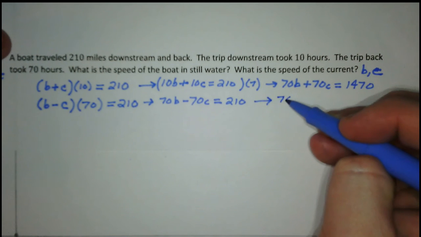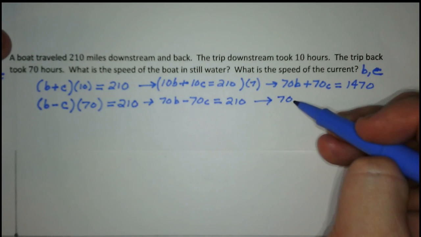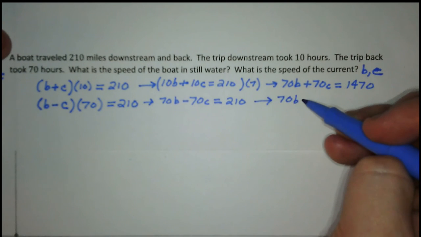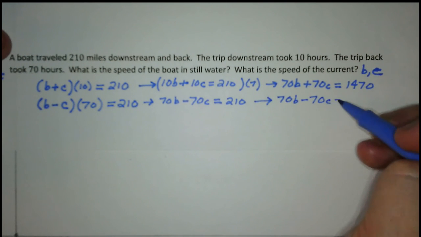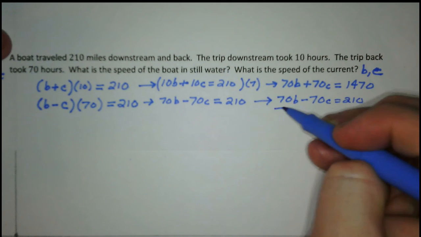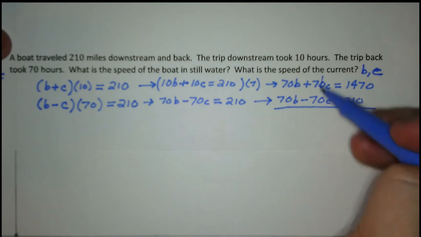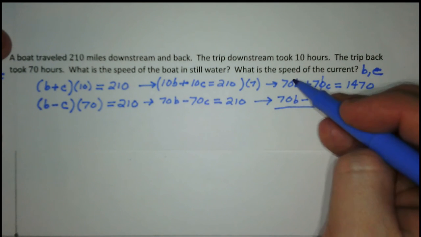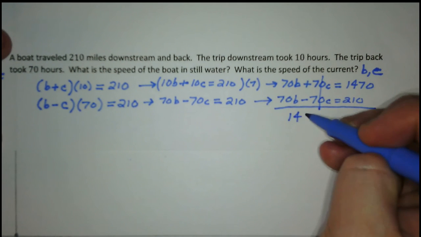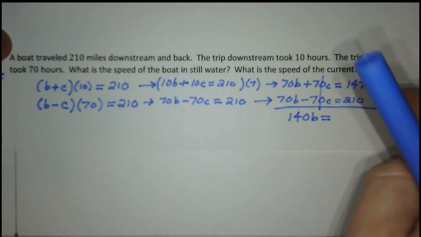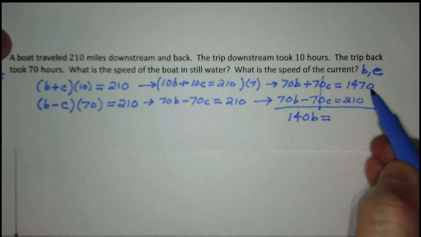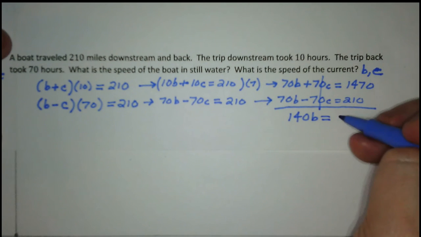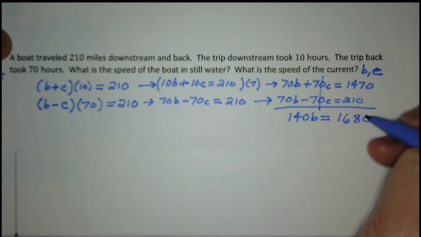And the second equation, I didn't need to change. Now I can add these together. Those are going to cancel. That's what I planned. 70b plus 70b, that's 140b. And then 1,470 plus 210, that's going to be 1,680.